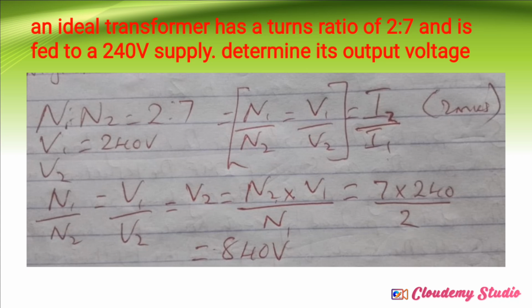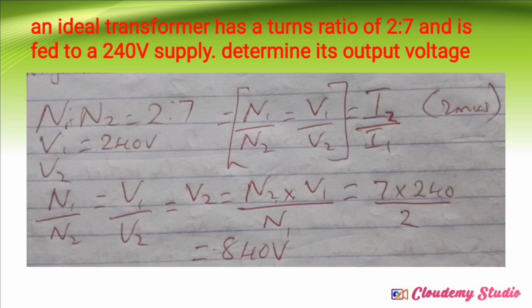If you look at it, we have been given a turns ratio in ratio form. If it's 2:7, then it means it's 2 turns in the primary winding, then we have 7 turns in the secondary winding. Then it's fed from a 240 volt supply, which means that 240 is the input voltage.